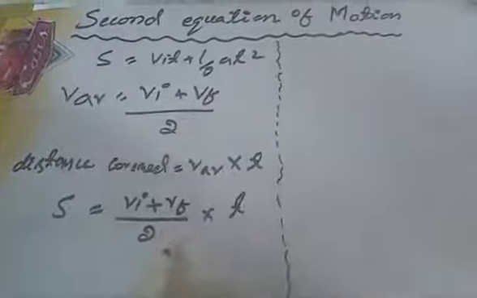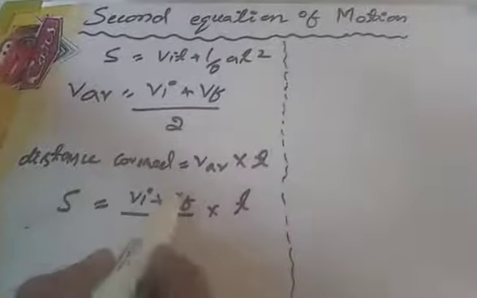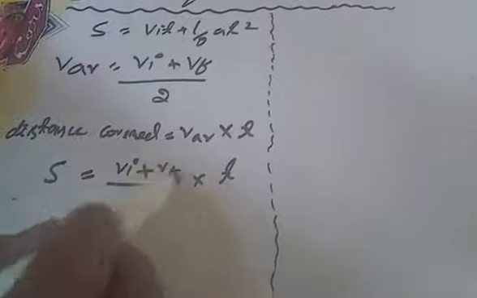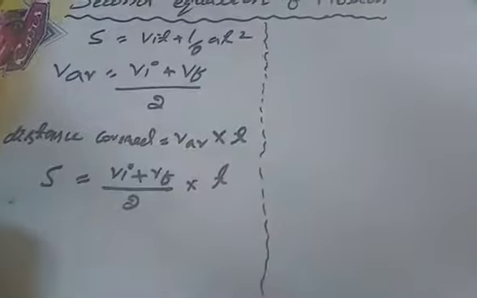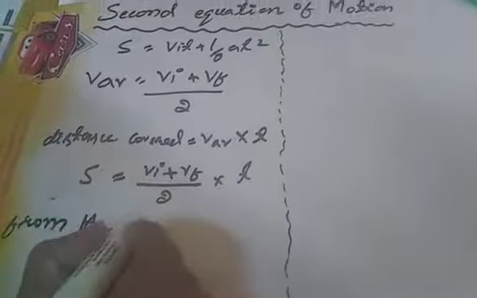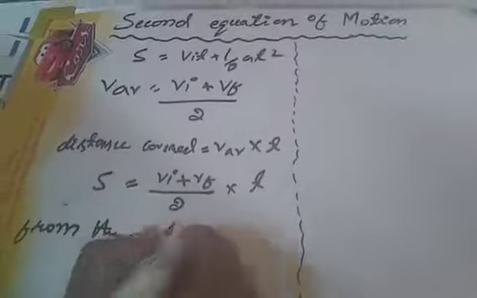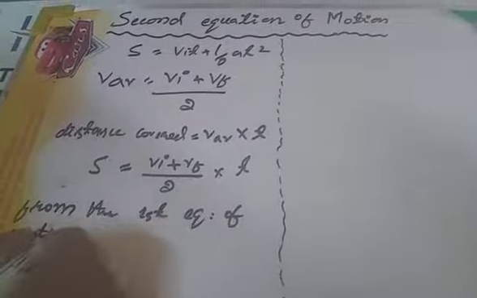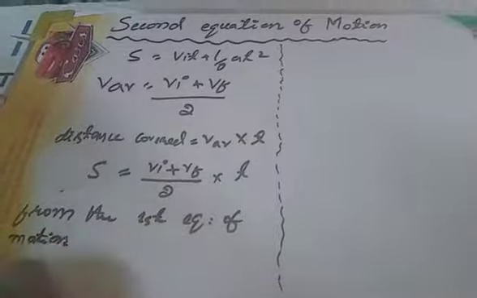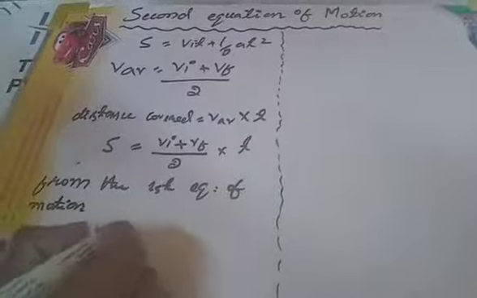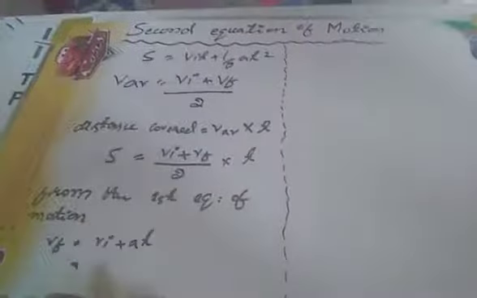Here t is the time interval, and Vf is the final velocity, whose relation is given in the first equation of motion: Vf = Vi + at.